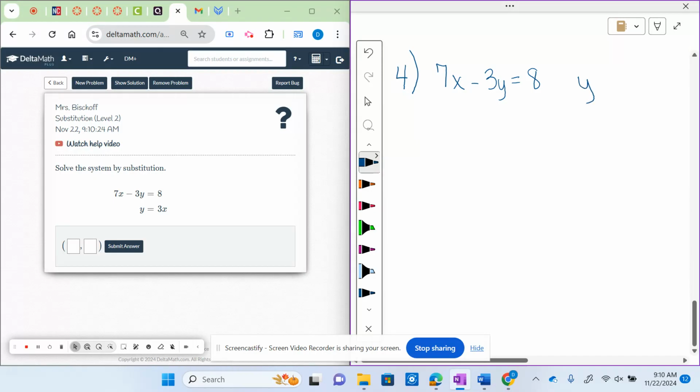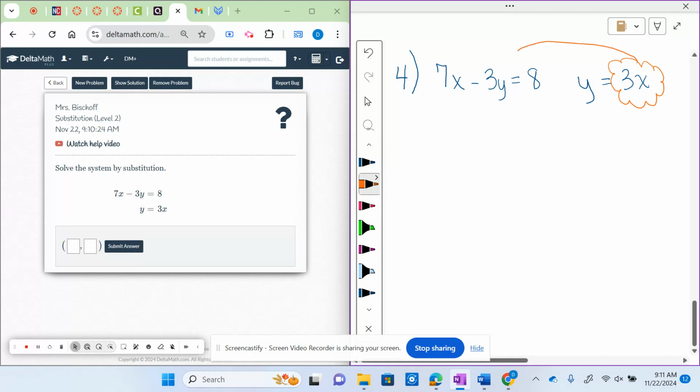My second equation, y equals 3x. What have we been doing? Yeah, so I replaced the y with 3x.